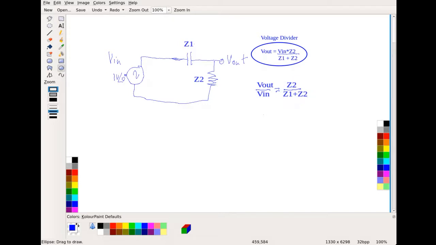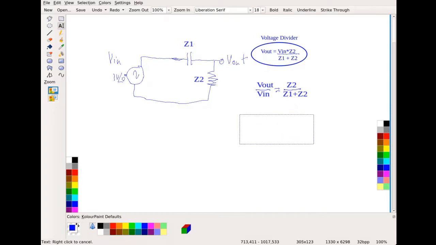If you remember, power, and I'm talking about real power P, is equal to the voltage times the current.